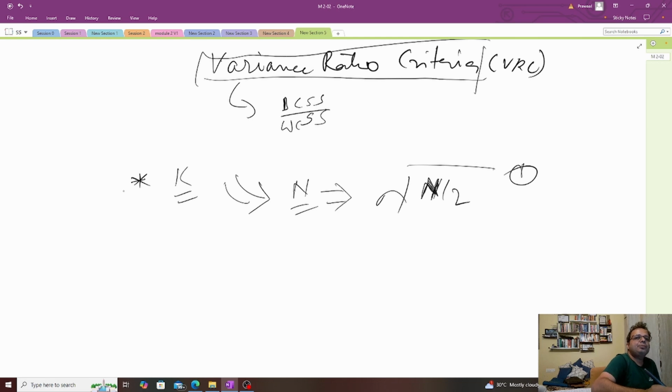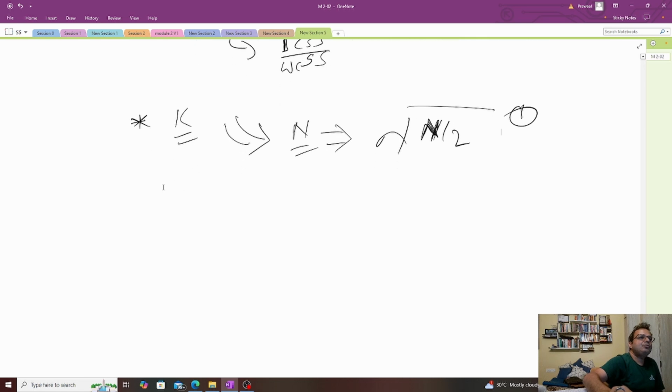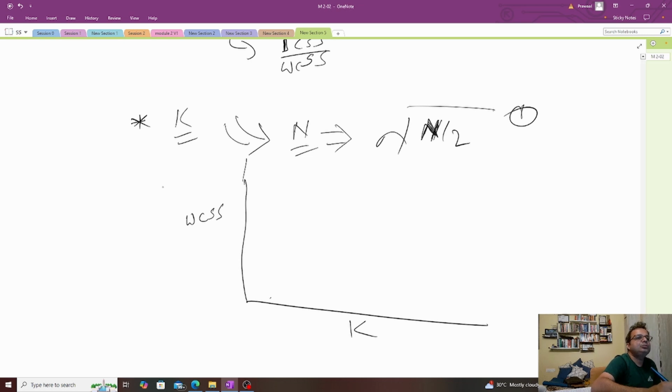But if you want to become more granular and do better analysis, what we sometimes do is plot the graph between within cluster sum of squares and the value of k, and we see how this value changes as k goes to 2 or more. Let's suppose it reduces for some time, and then the rate at which it reduces becomes lesser.